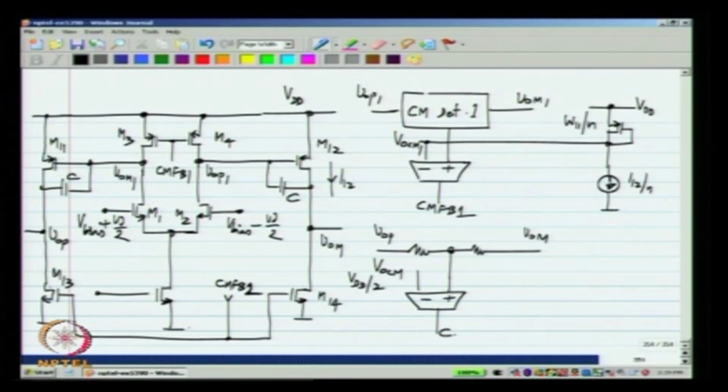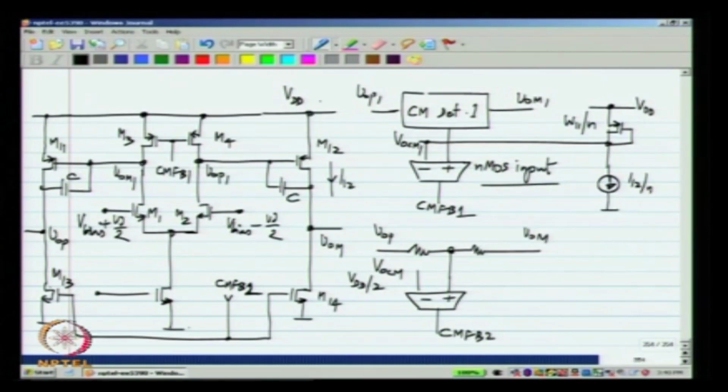Again, this is also supplied to the second common mode feedback circuit, and the way we have the structure, M3 and M4 are PMOS devices. So, the transconductor that generates the first common mode feedback voltage must have an NMOS input.